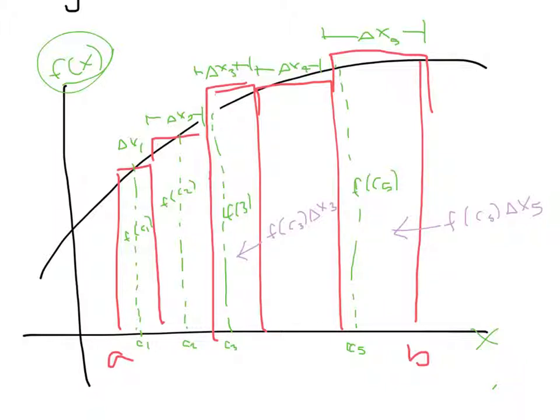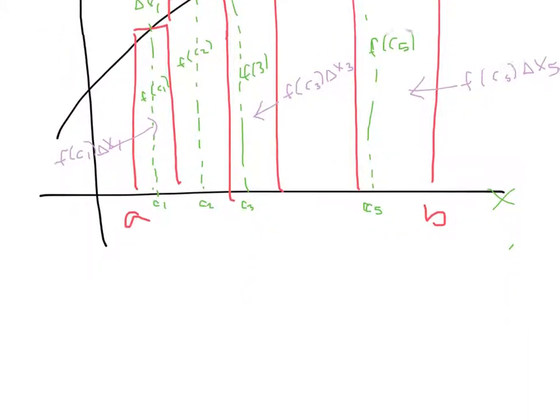And then I can keep going. So if I look at my first one, this would be f of C1 times delta x1. Now, when I add up all the areas, and I would obviously have to add up this one and this one too, that's how I end up with my Riemann sum, okay?